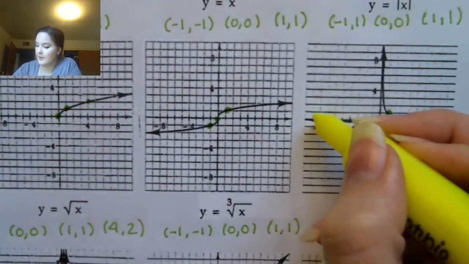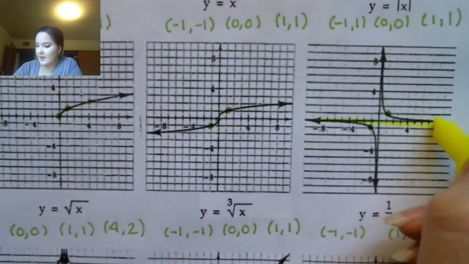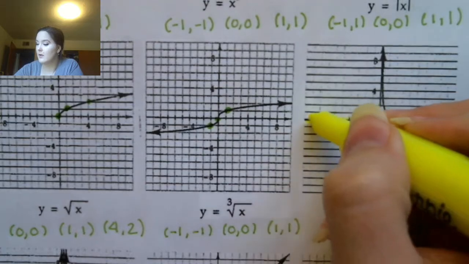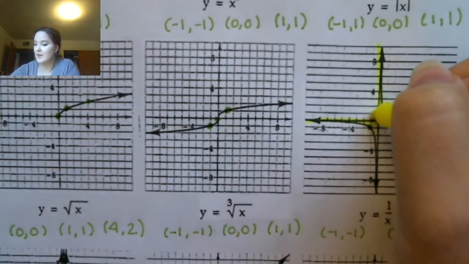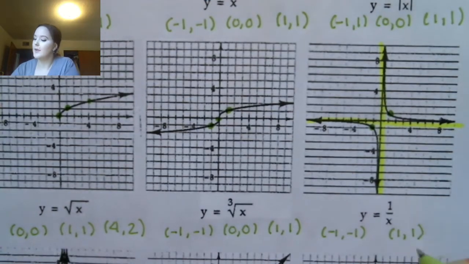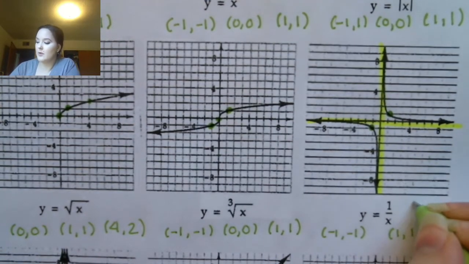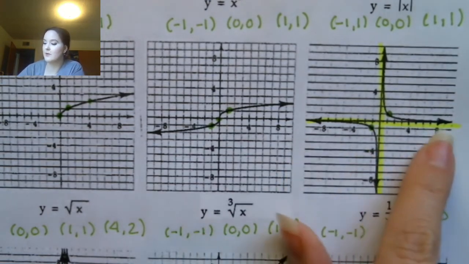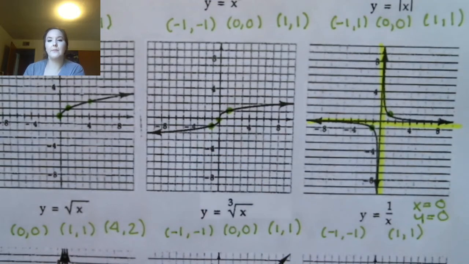So you're going to have this line here, which the graph does not go across, and this line here that the graph does not go across. When we graph this, you'll see that we're going to graph that in by dotting it. So here are our key points, but we also have the lines x equals 0 and y equals 0.